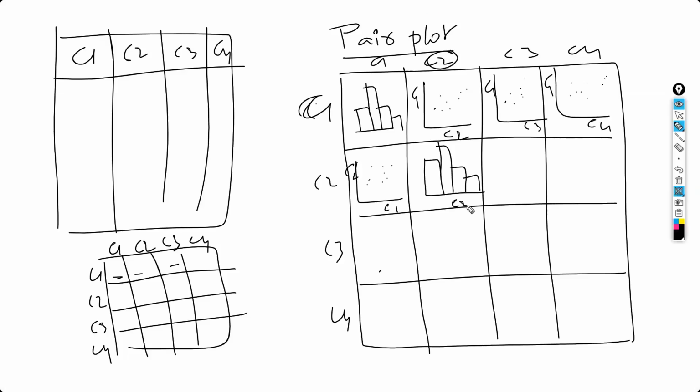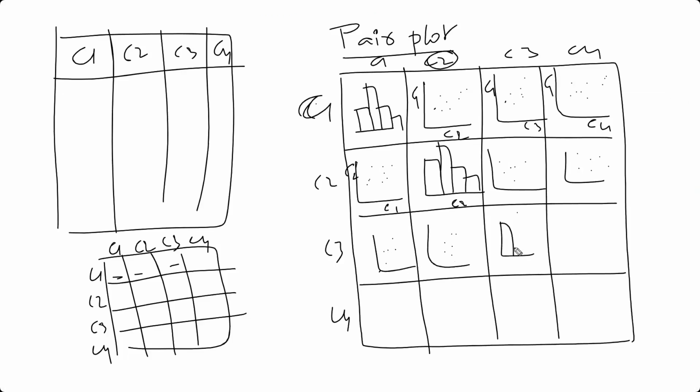C2 variable. Histogram can be applied only on a single variable. Next, scatter plot, again scatter plot, again scatter plot. This is histogram. So diagonal values are going to be the histogram and remaining values will be scatter plots. Multiple scatter plots and multiple histograms you can get in one shot by using the pair plot.